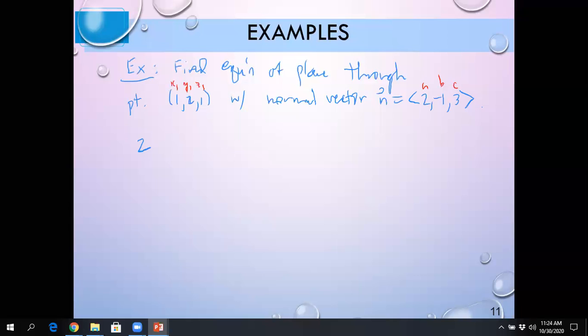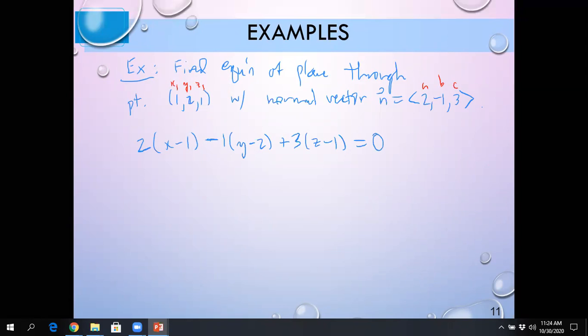So it is going to be 2 times x minus 1, then it's minus 1, which is plus -1, times y minus 2, plus 3 times z minus 1 equals 0.